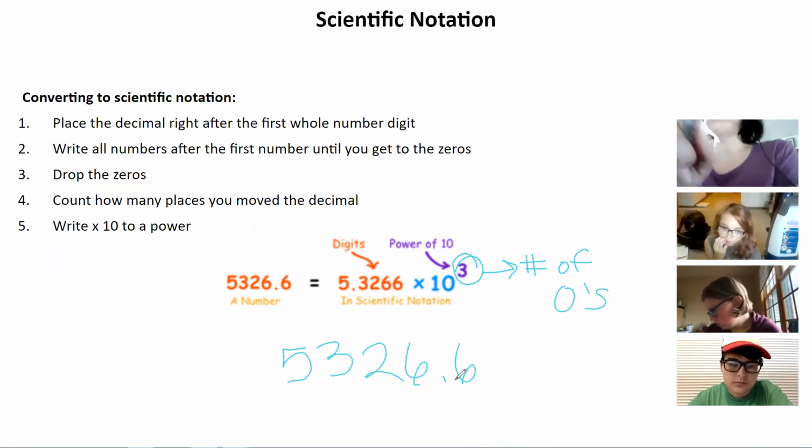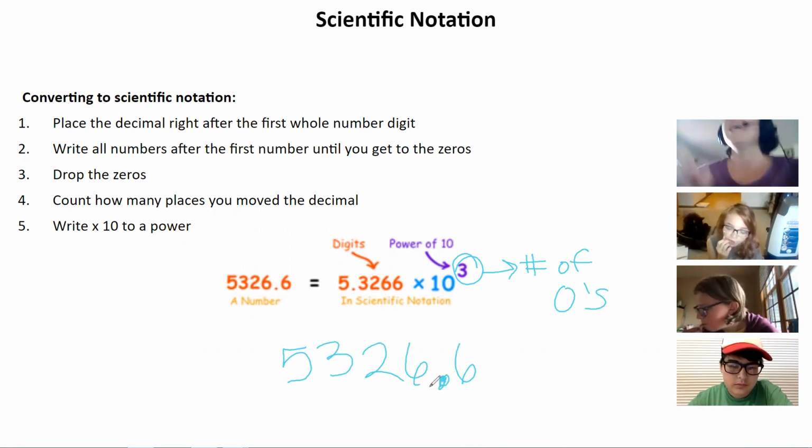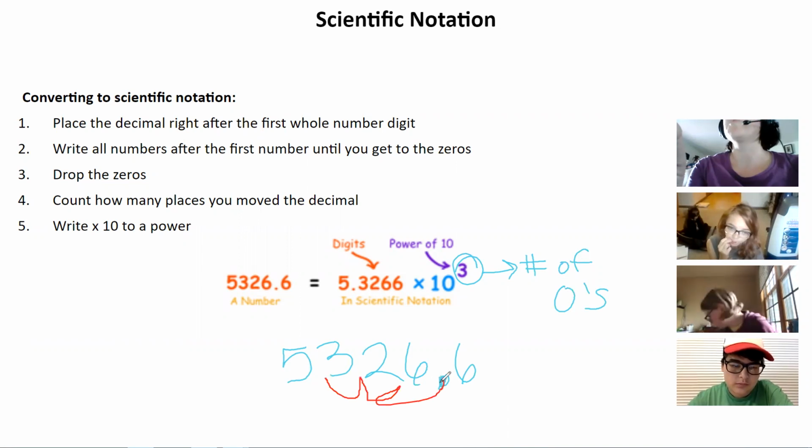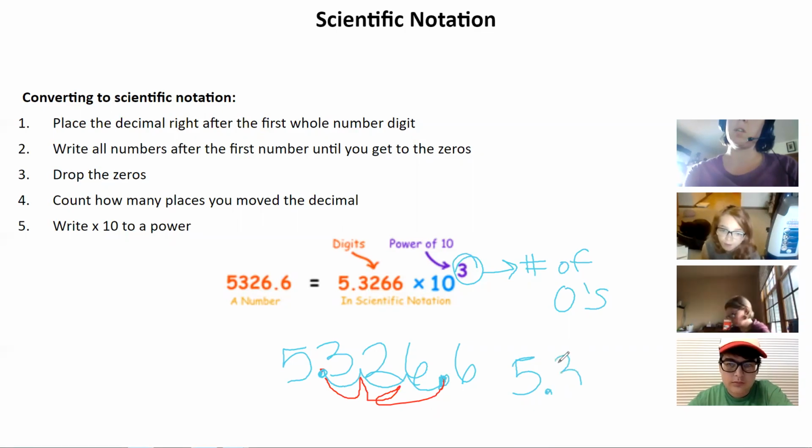So if you have a super big number like 5,326.6, we don't need to wonder where the decimal is because it's already in the problem. And I need to move that decimal so that I only have one number right in front of it. So I'm going to count how many spaces. That's right. Very good. 1, 2, 3. So I moved it 3 spaces to the left.